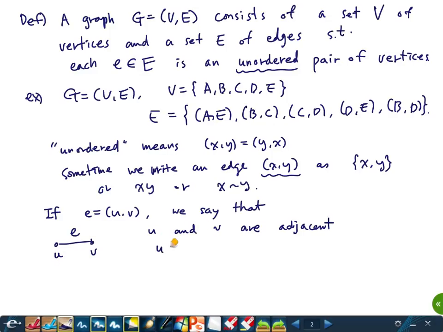And we say that U, V are incident with E. So a vertex is incident with an edge if the vertex is one of the endpoints of this edge. Mainly we will consider a graph like this, unordered. But sometimes we want to consider the order as well. So in that case, we will consider what are called directed graphs.